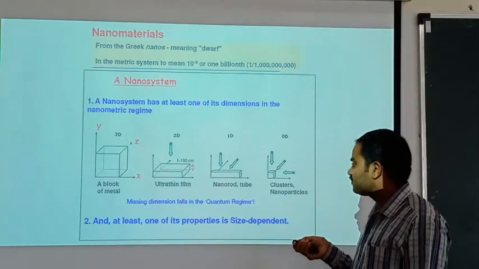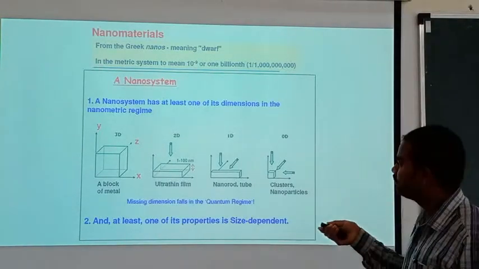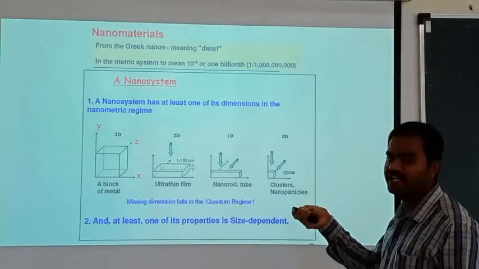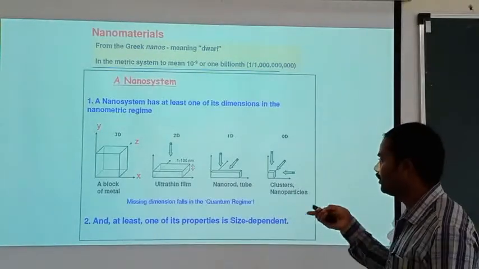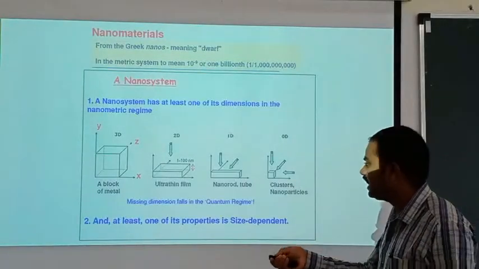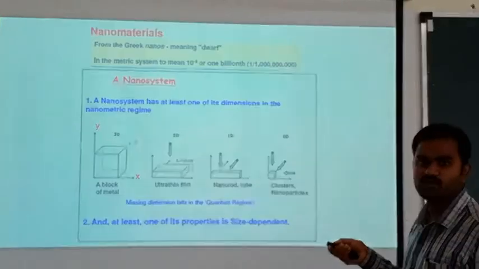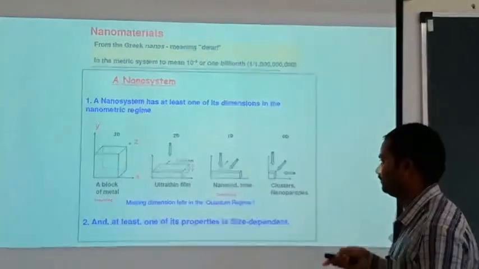At least one of its properties is size dependent. When you change its size along the x-axis, y-axis, or any axis, when you reduce any dimension so that at least one dimension is in the nano range, then you can call it a nanomaterial.